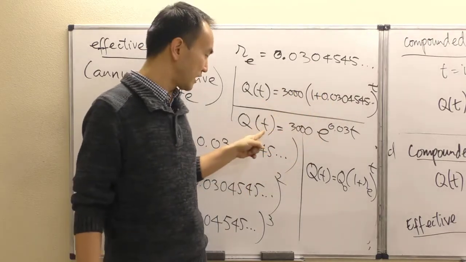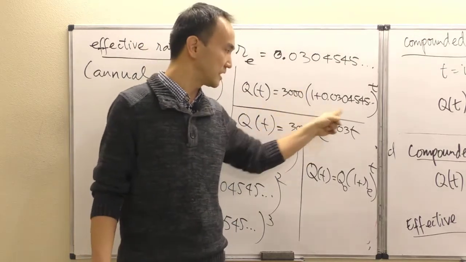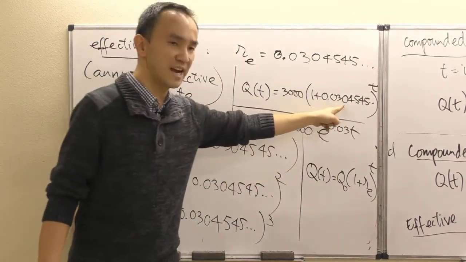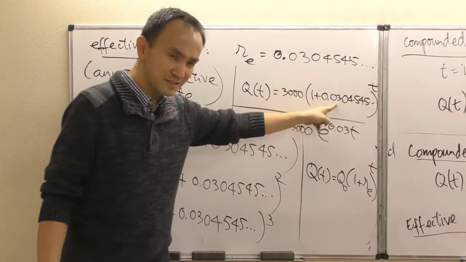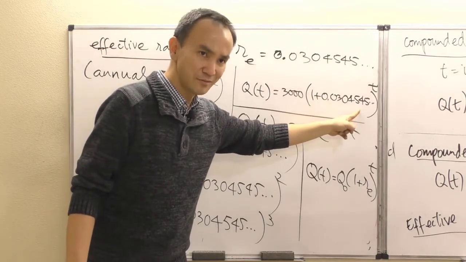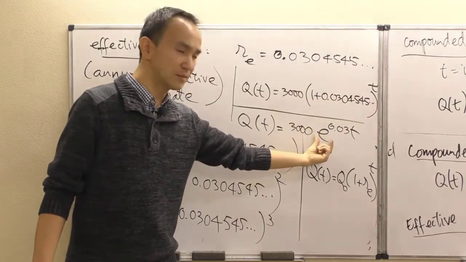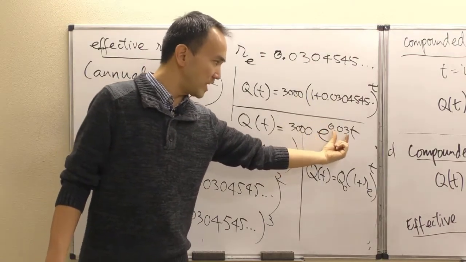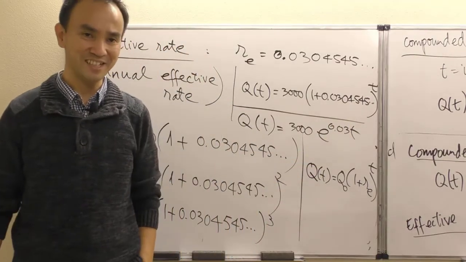So Q of 1 here or Q of 1 here will come out exactly the same amount, but it's easier here because I'm re-expressing my function in terms of the effective rate. And so there's only one base raised to the t, whereas using the base e is base e raised to the nominal rate times t. And that's the idea right there.